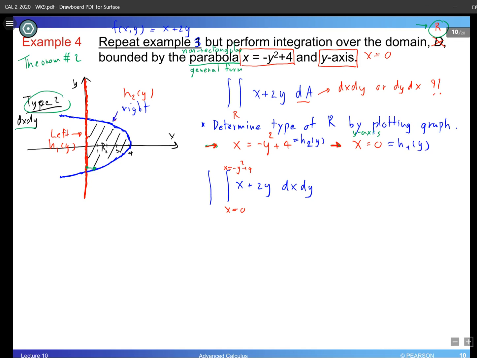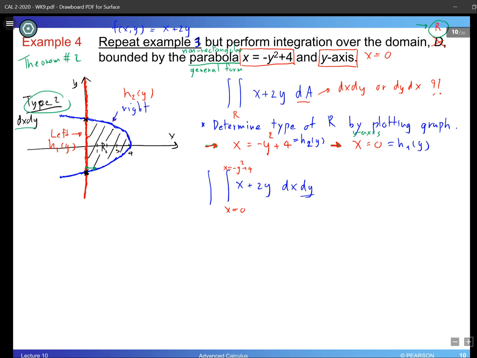Now here comes the range for the y variable. We need to find the whole range of the y variable. As you can see here, y starts at the intersection between the parabola and the y-axis, goes up, and ends right there, a constant. So we need to find these two points.